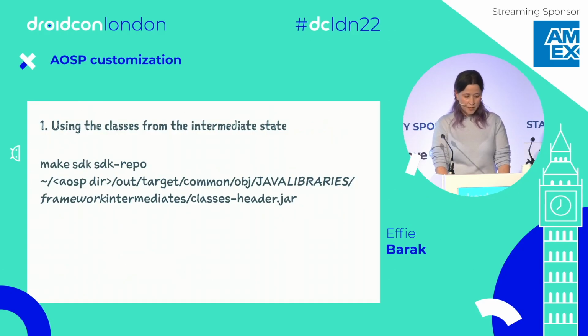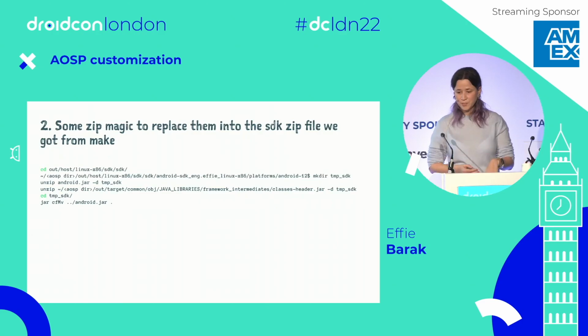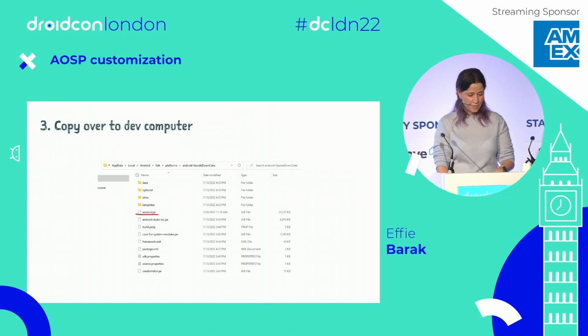So we make the SDK the same way we did before, and we take those files with all these classes and all these properties and all these methods before the annotation processor stripped them away. With some zip magic, we replace the final ones with the original ones.